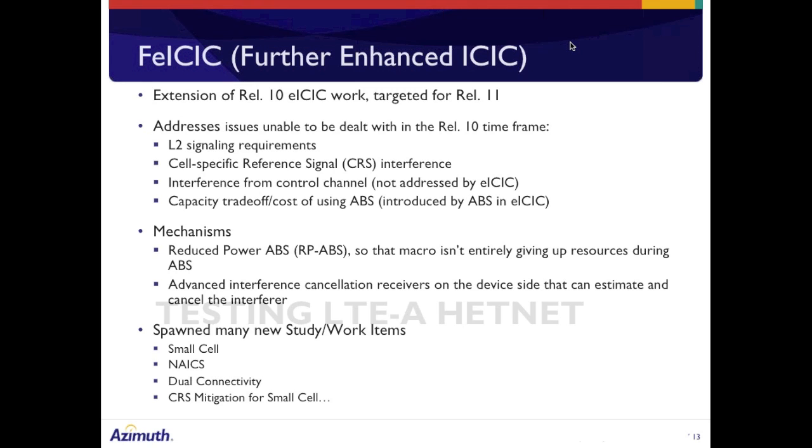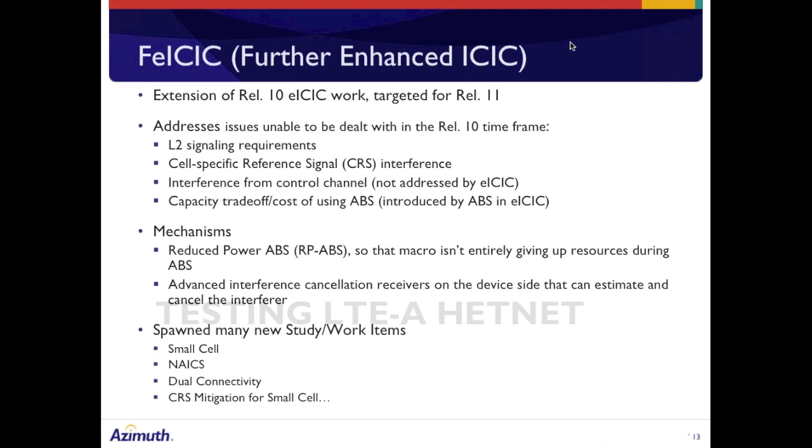And so there was discussion about advanced interference cancellation receivers further in this FeICIC. And as I mentioned before, it spawned many new study and work items. There was a small cell study item that discussed how to bring carrier aggregation into the picture.